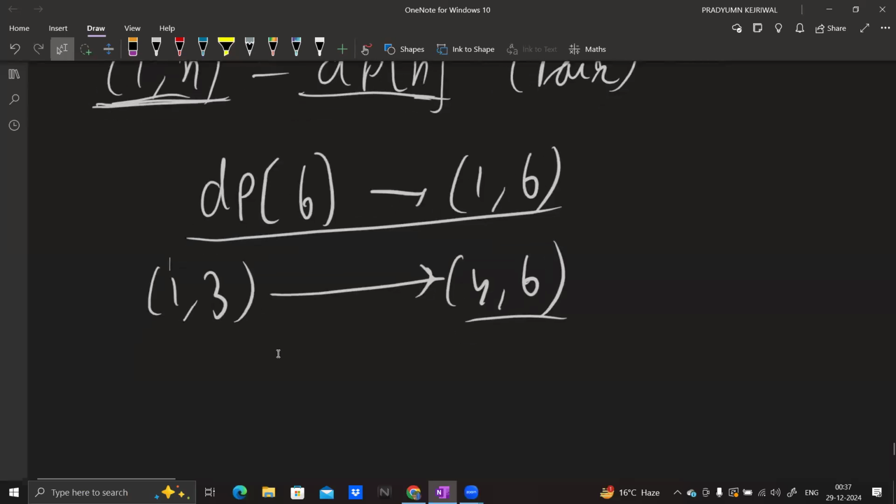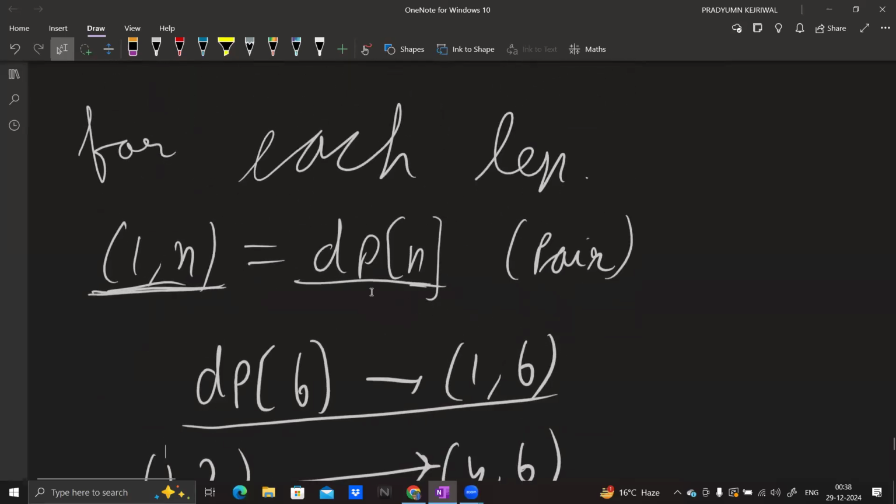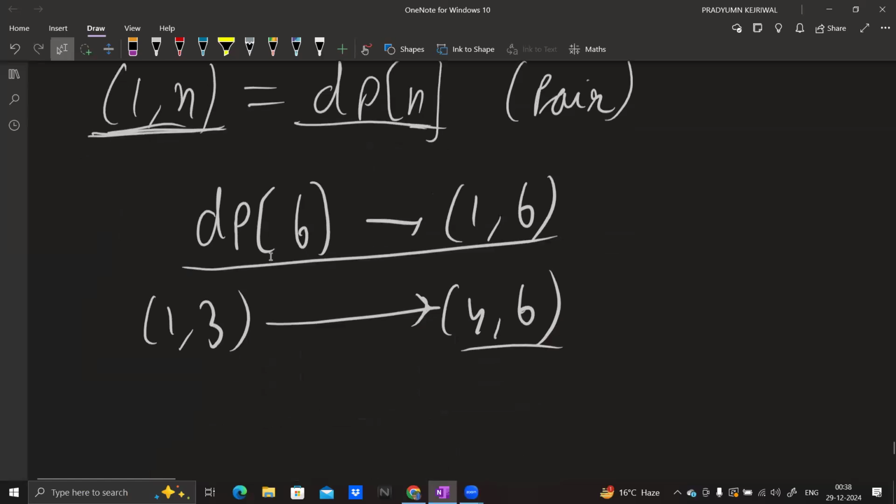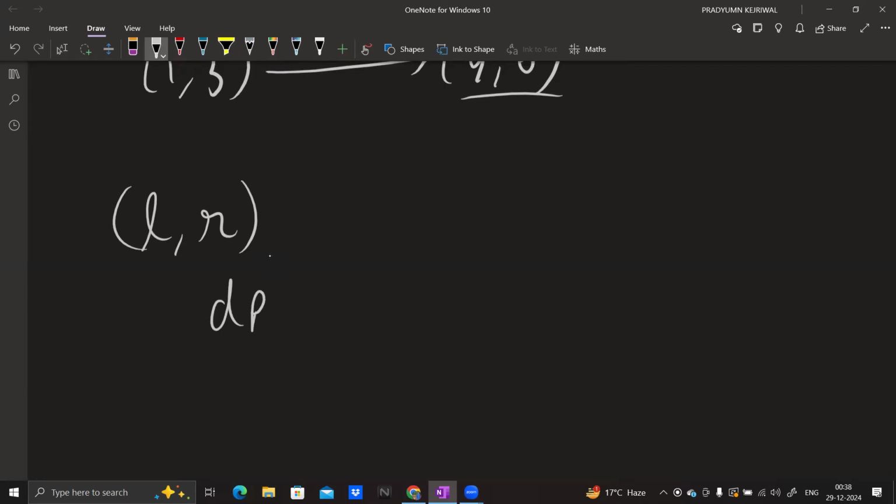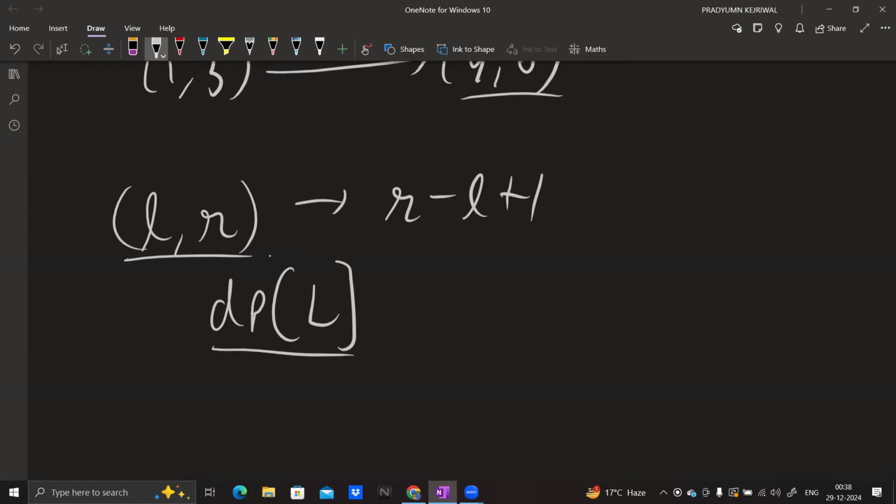Basically, I'm storing in dp of n the answer for 1 to n, right? And let's say you want to find the answer for L to R. You can actually get that answer from dp of the length, which is R minus L plus 1, right?